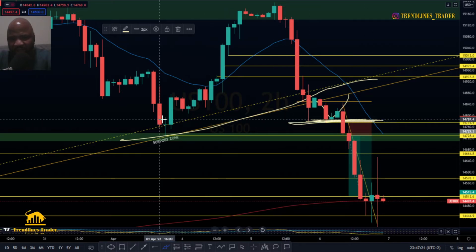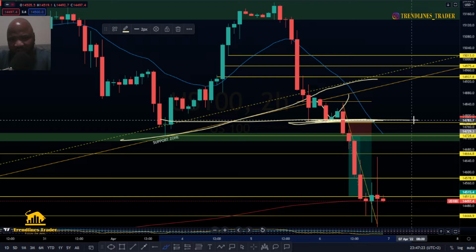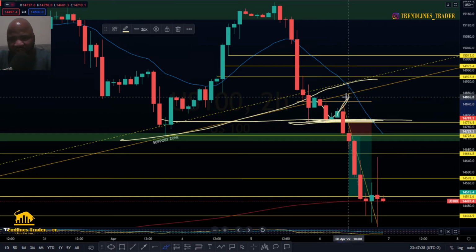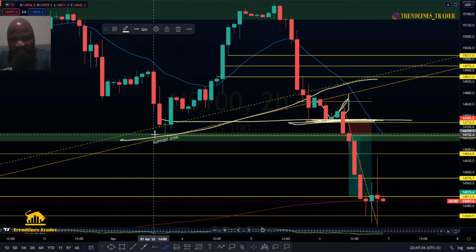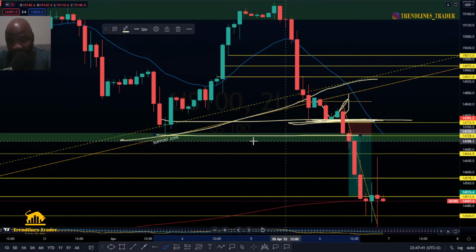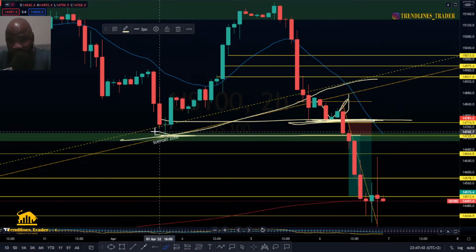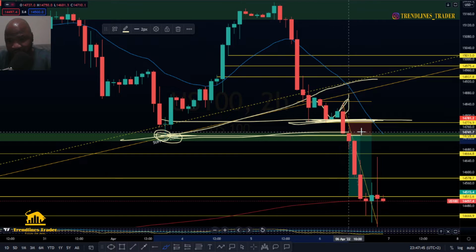This area acted as a support, and when the price was retesting, it managed to break this horizontal support. And now my target was, if it breaks this level, it means the price will push towards the downside.